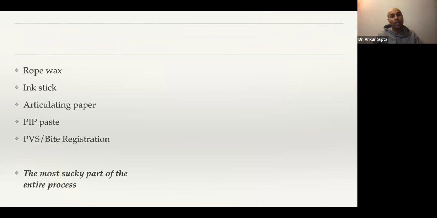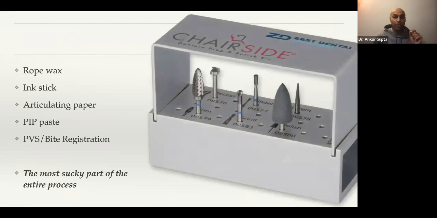So what do you do? Well, I like to use a combination of ink stick and articulating paper, and sometimes I use bite registration, and I put it inside of the denture. I try to seat the denture, and then I see what gets marked so I know how to adjust.